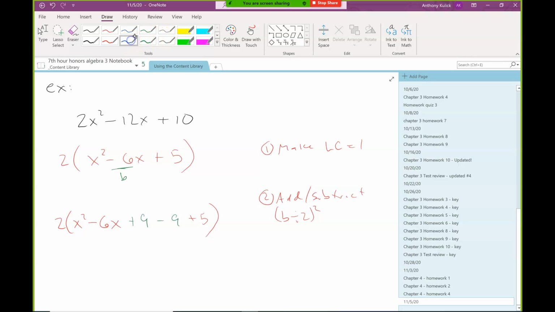Now, this stuff is my perfect square, right? So I don't want that other, the minus 9 and the plus 5 inside my parenthesis. How do I kick those out? Can I just do this?